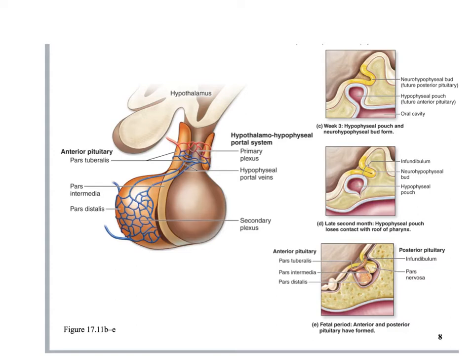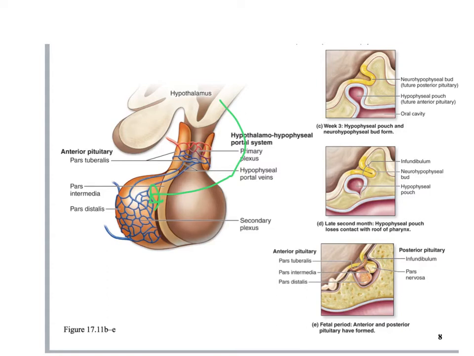How does it get there? Pituitary. Well, it goes through the blood, right? It goes through this portal system. Most of the hormones that the hypothalamus produces are going to target the anterior pituitary. How does it get there? Well, it gets there through this system right here.